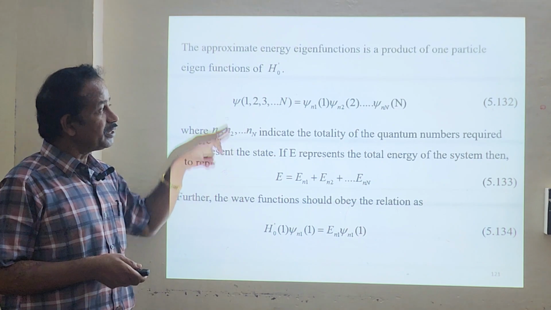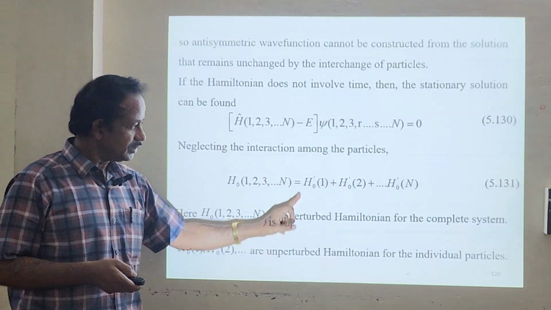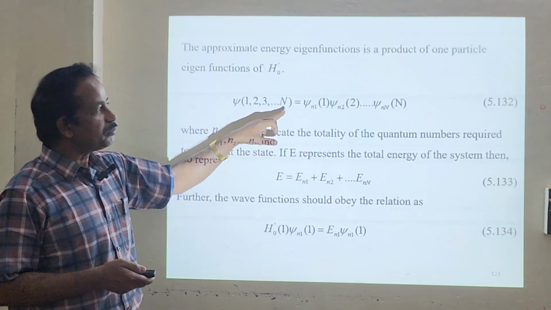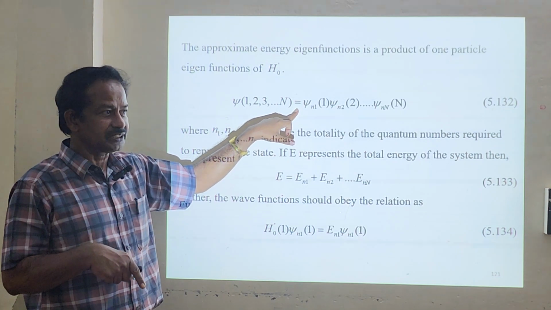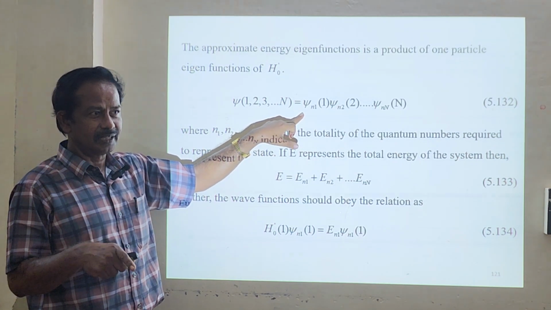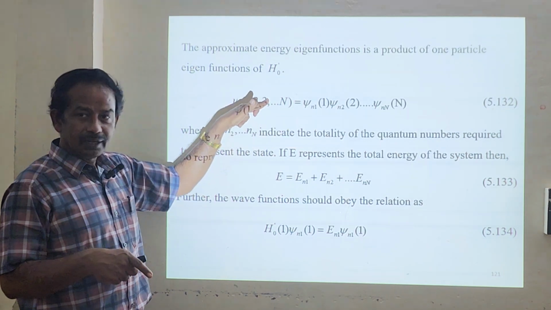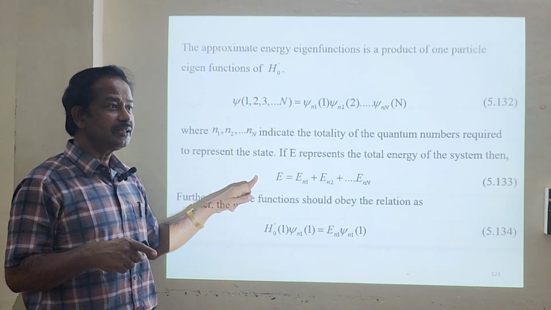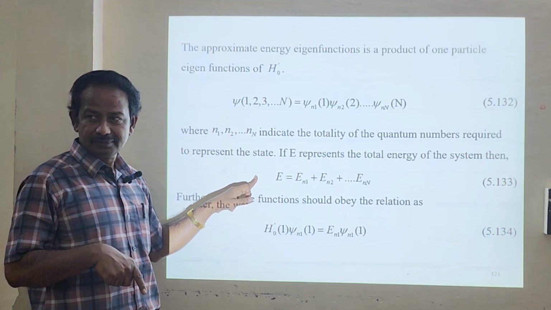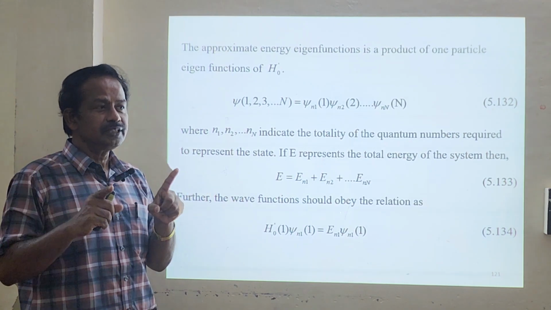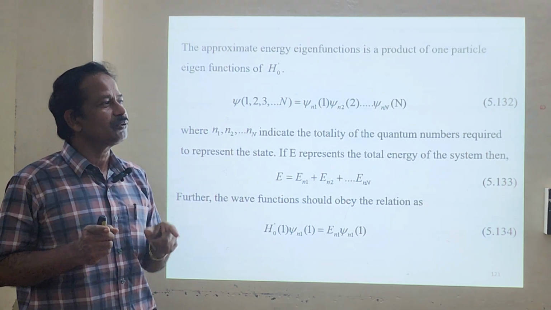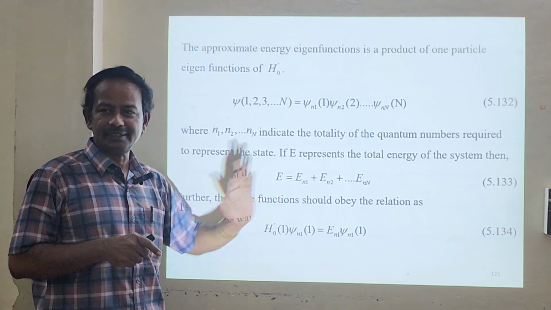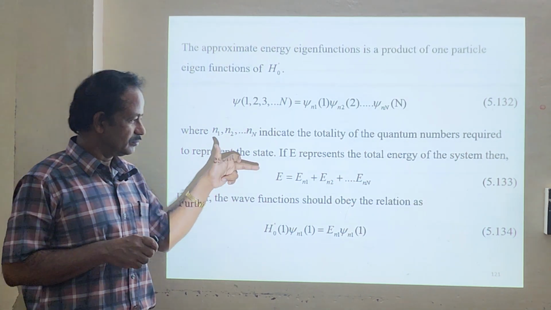Then the wave function corresponding to the individual Hamiltonian will be the product of all the wave functions, as I have said already. What about the energy? The energy will be the sum of all the energies. So when you have wave functions, you just multiply. When you go to the energy, you just add. So that's the rule.